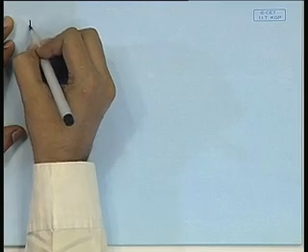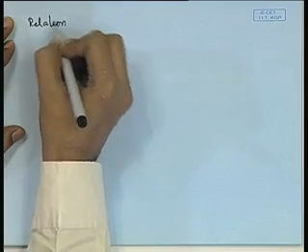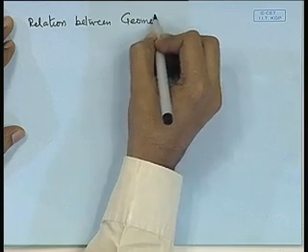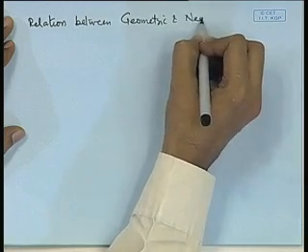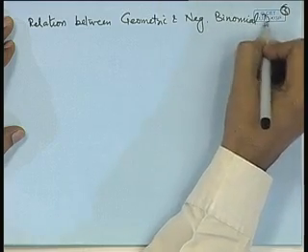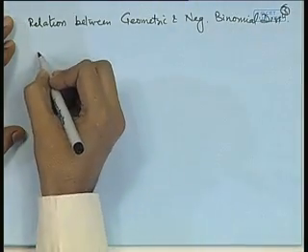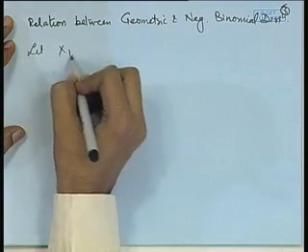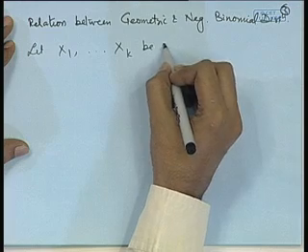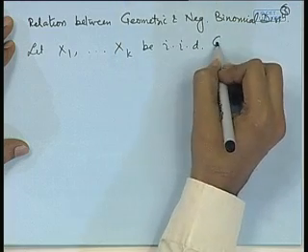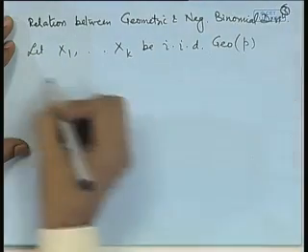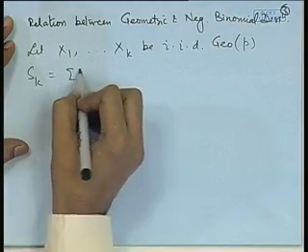Let us consider a relation between the geometric and negative binomial distributions. So, let X1, X2, ..., Xk be independent and identically distributed geometric random variables with parameter p. So, we are considering Sk, that is, sigma Xi.